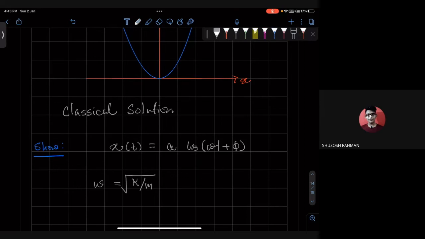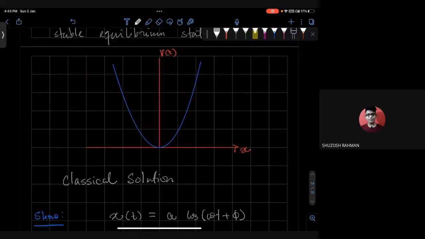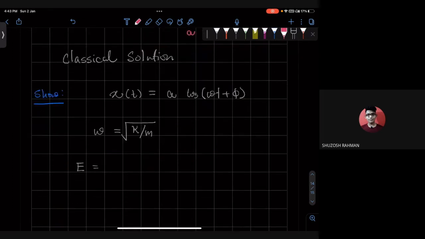It's also easy to show that the total energy E, the numerical value of the Hamiltonian, works like this. If this is the amplitude A, then whenever the particle is here, its kinetic energy is 0 and its potential energy is the total energy.